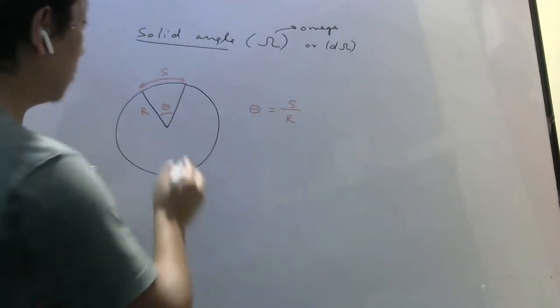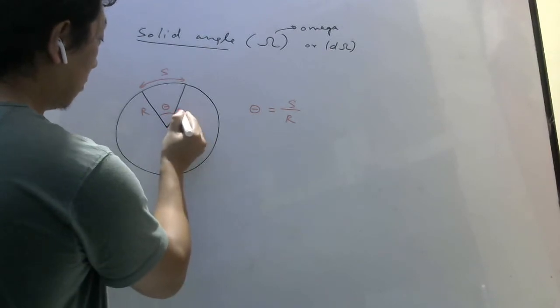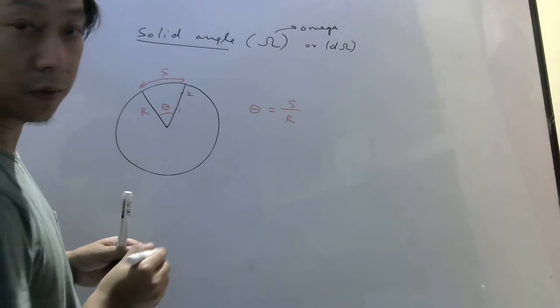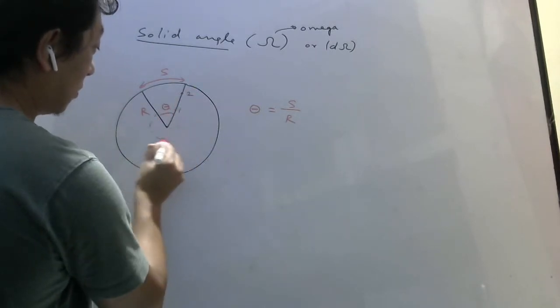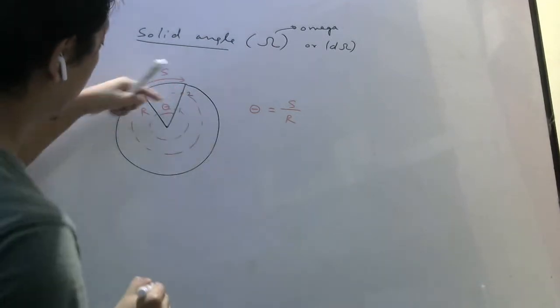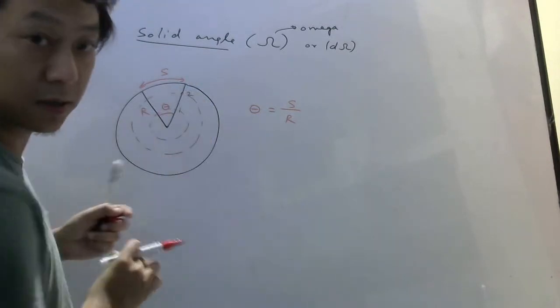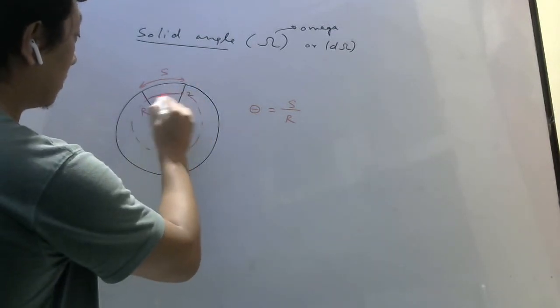As you go farther from the center, suppose I go from point number 1 to point number 2, then for this point this is your circle, for this point this is your circle. As I go from 1 to 2, you can notice that the radius increases, but at the same time the arc length also increases.